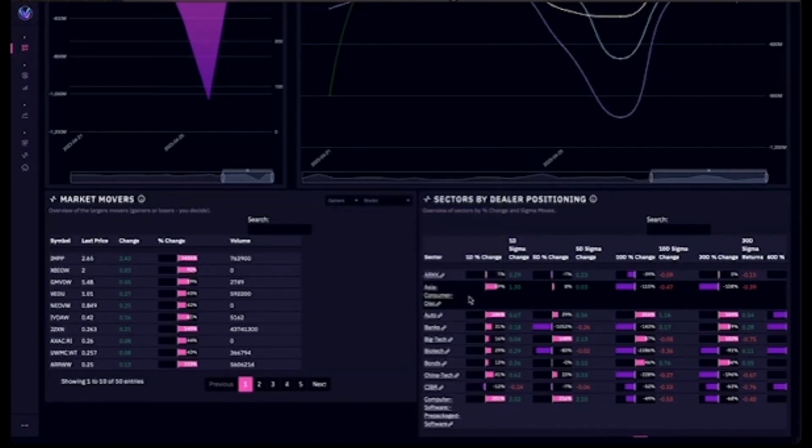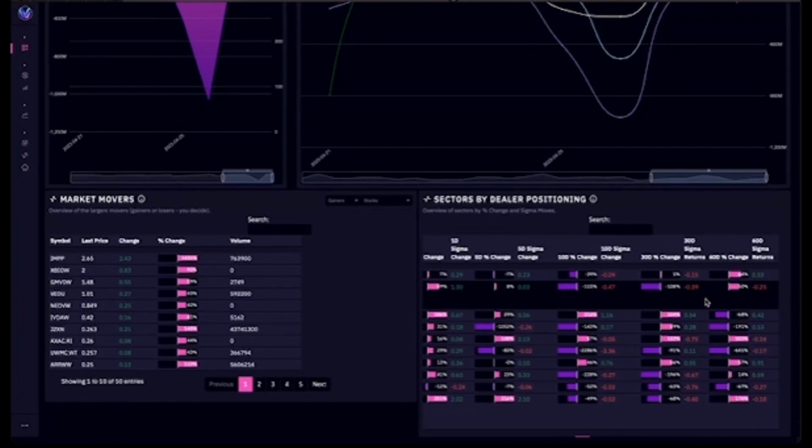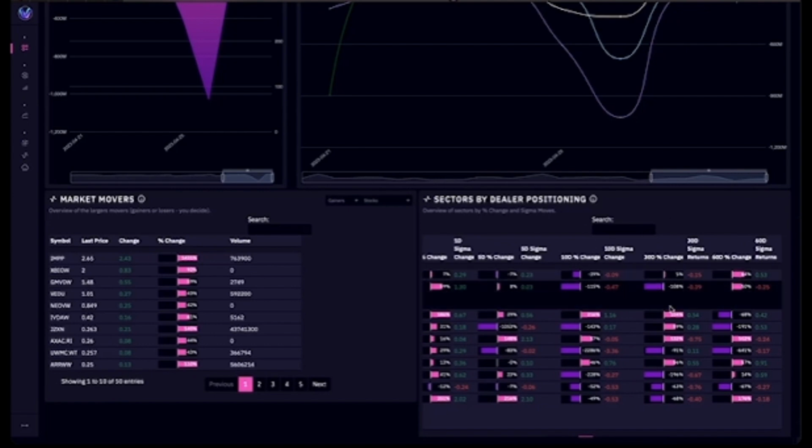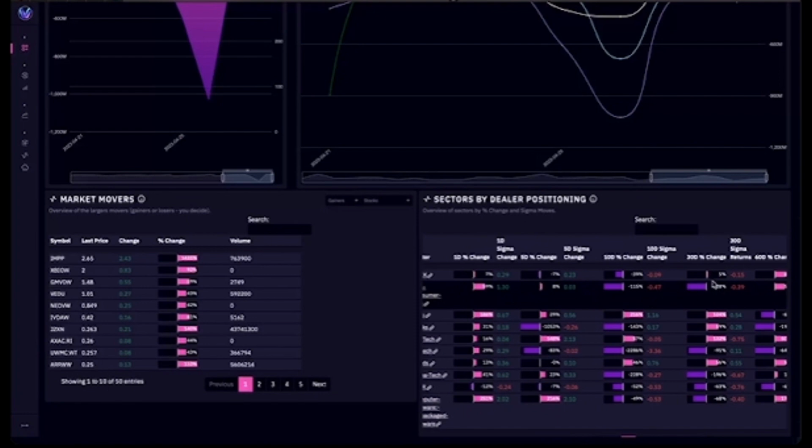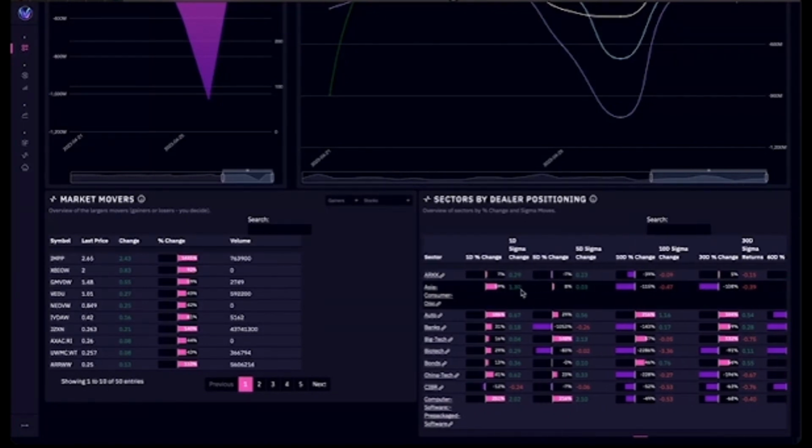The key thing is, when you've got negative positioning over here as an example, but then it starts moving into a positive, that's when you know there is accumulation, and as a result, you're going to get a move up.